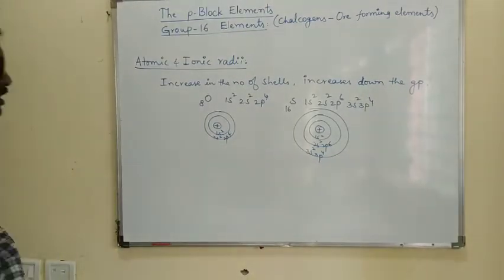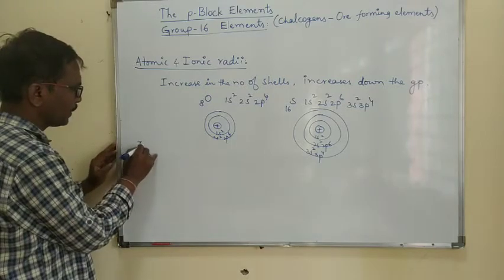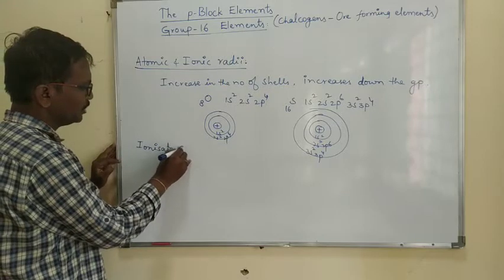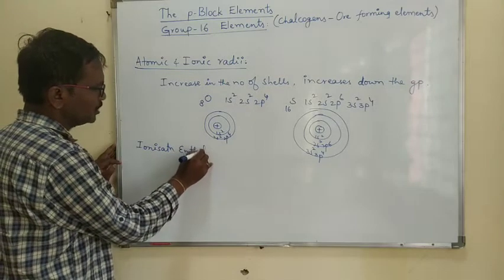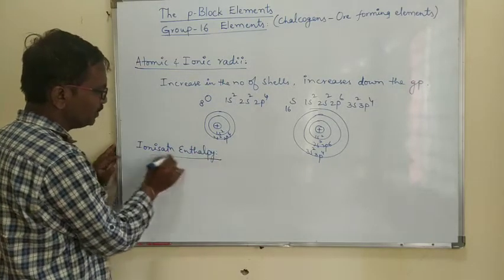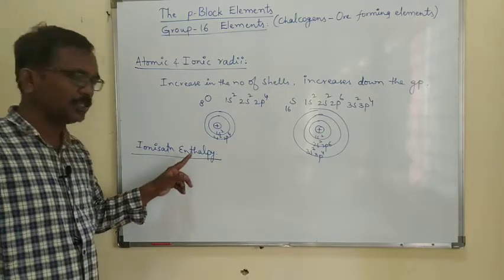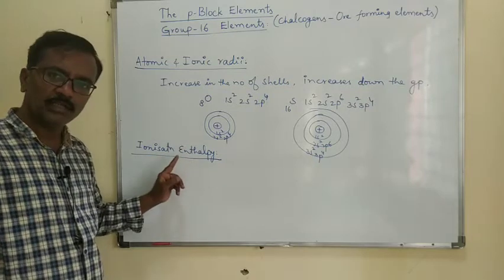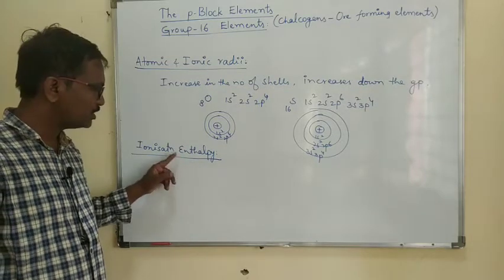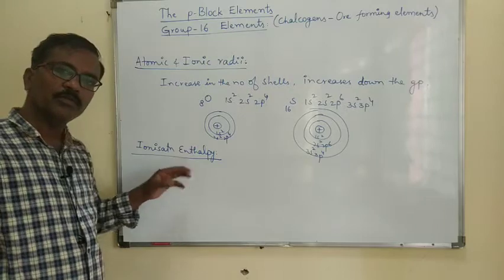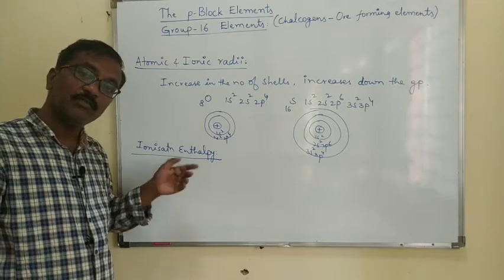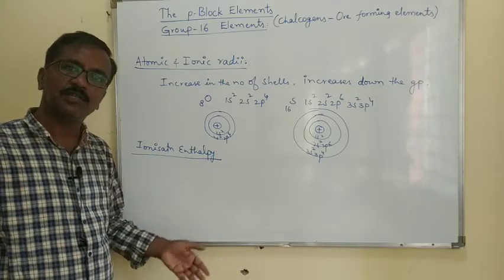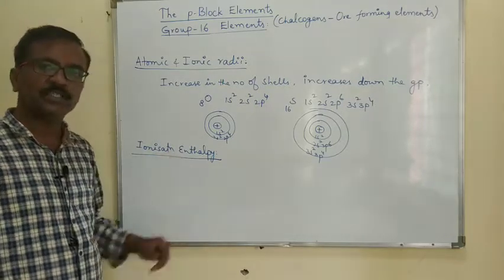Next one, ionization enthalpy. What is the meaning of ionization enthalpy? The amount of energy required to remove the electron is known as ionization enthalpy. Once again, the amount of energy required to remove the outermost electron is known as ionization enthalpy.